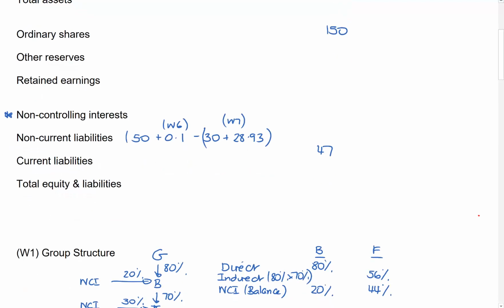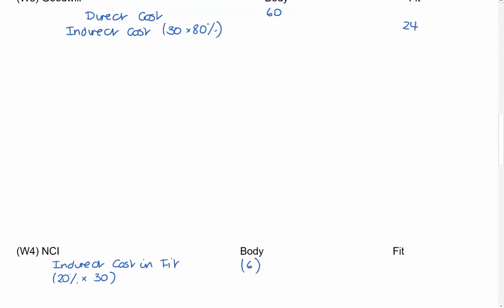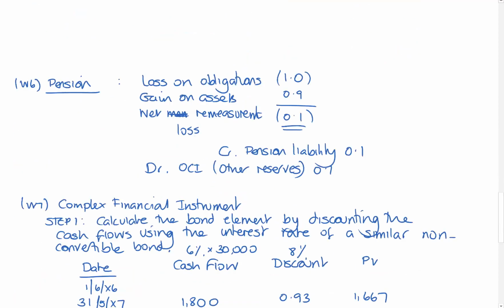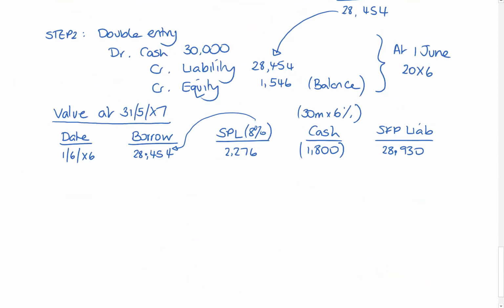Okay, nasty. And if you think that was nasty, it's going to get even nastier now. Can you see that there is a difference between the cash interest that we have paid and the charge that should have been made to our statement of profit or loss? Okay, it says the interest has been paid and accounted for in the financial statements.